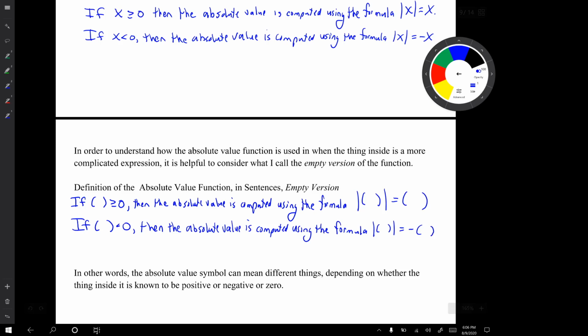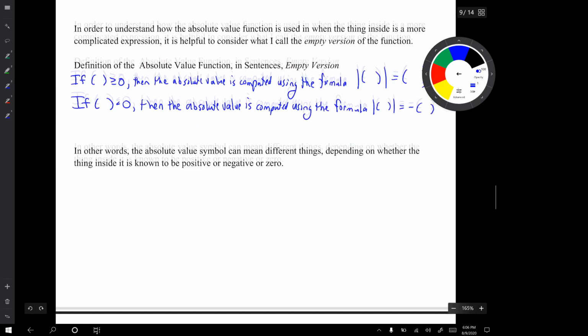So we have these two sentences. Notice there's no x in these sentences. There's just a pair of parentheses. The absolute value symbol means different things depending on whether the thing inside it is known to be positive or negative or 0.